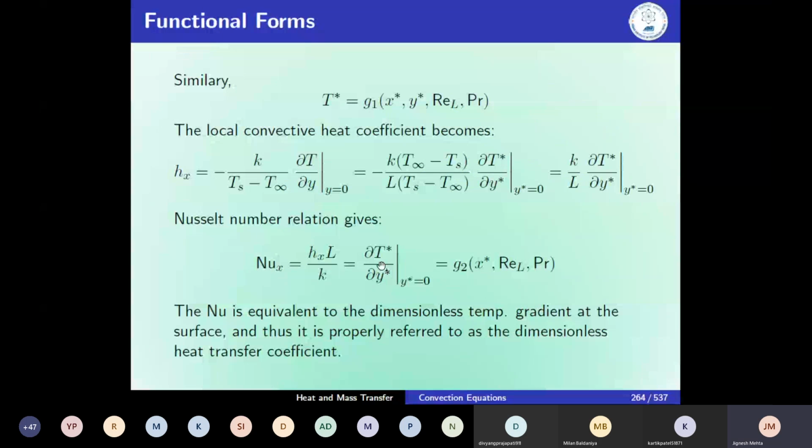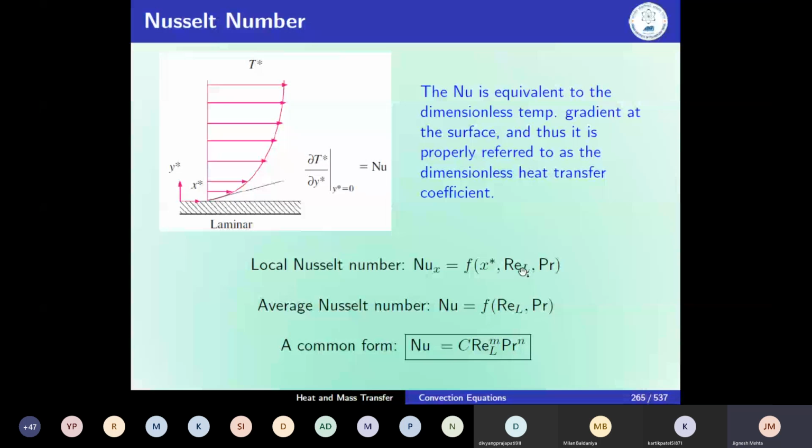Here it is dT by dy at y equal to 0, dT star by dy star at y star equal to 0. And the local Nusselt number is a function of X star, Reynolds number, and Prandtl number.